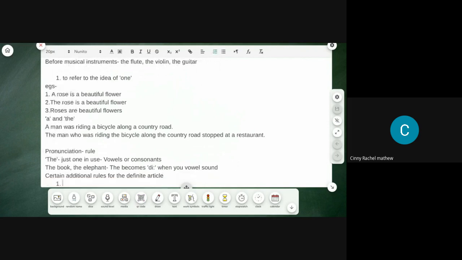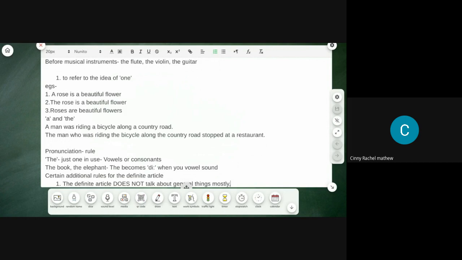Rule number one, the definite article does not talk about general things mostly.